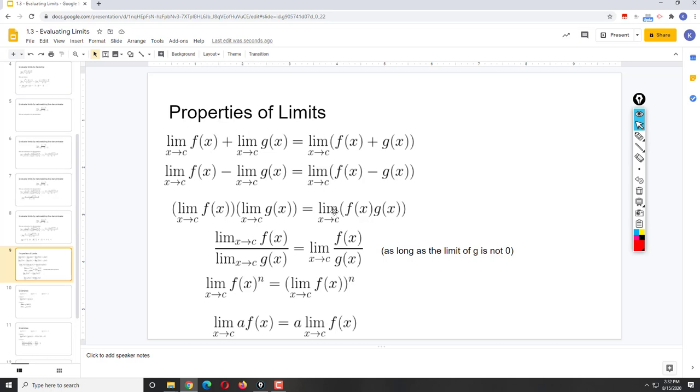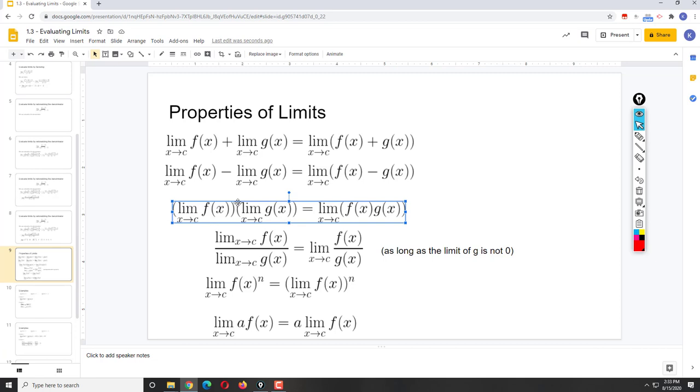So the limit of f plus the limit of g is equal to the limit of f plus g, assuming that x is approaching the same number. Similarly, subtraction, the limit of f minus the limit of g is the limit of f minus g. Multiplication, the limit of f times the limit of g is the limit of f times g. Division, the limit of f divided by the limit of g equals the limit of f divided by g.